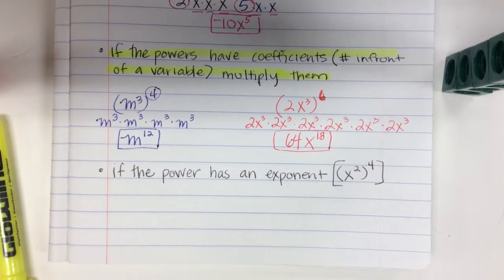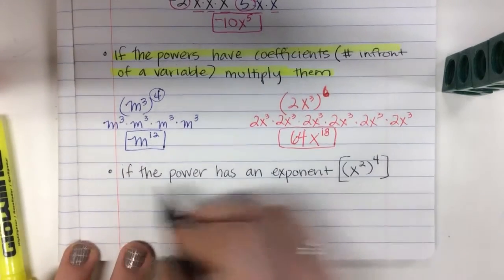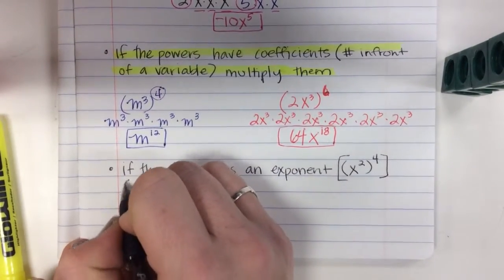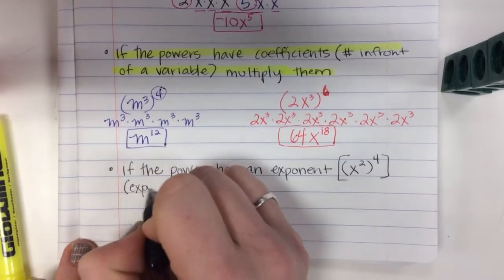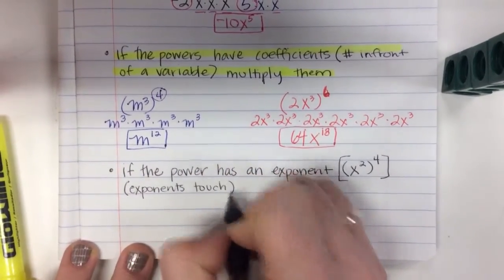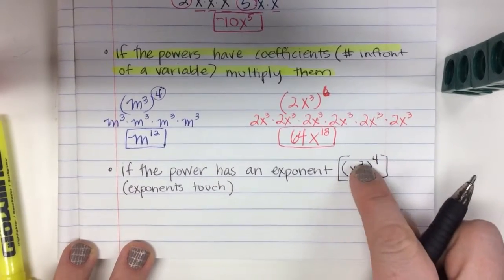Audrey, what was the rule you discovered? Yeah. If the power has an exponent, right? I'm even going to put in there again, if exponents touch, 2 exponents are touching.